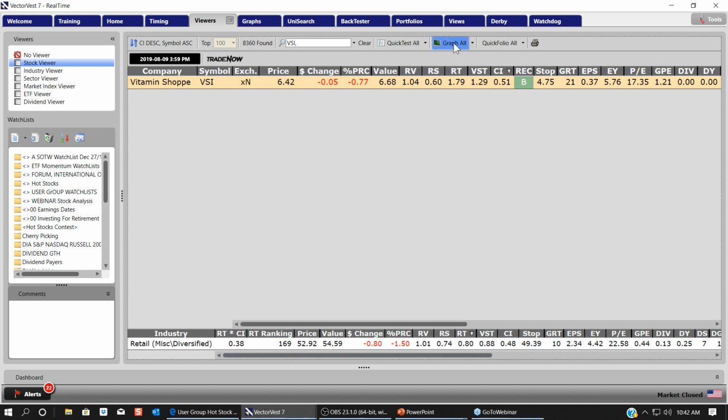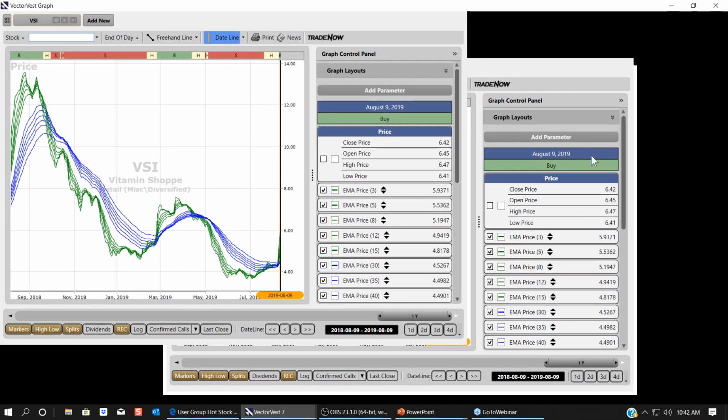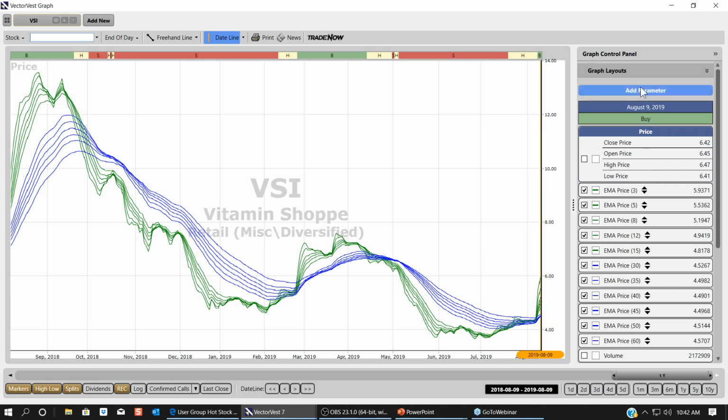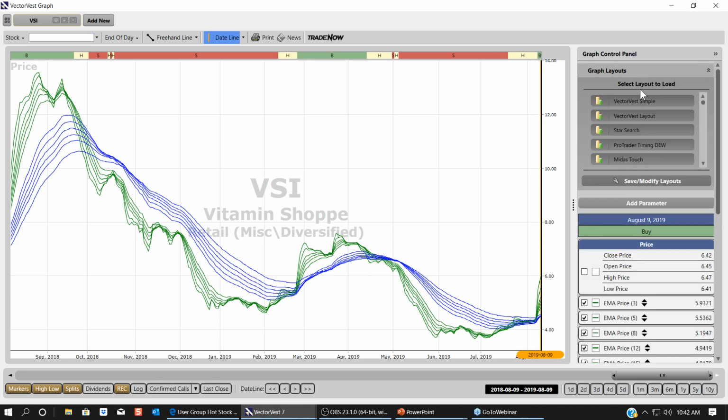But if we look at the graph, let's see what this layout has to say about it. I've got to go to graph layouts. Let's just see if I can find that layout. Whoops, I thought I had it. I clicked on it, nothing happened.